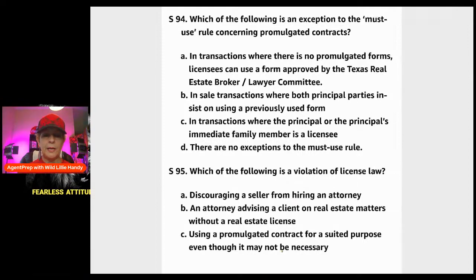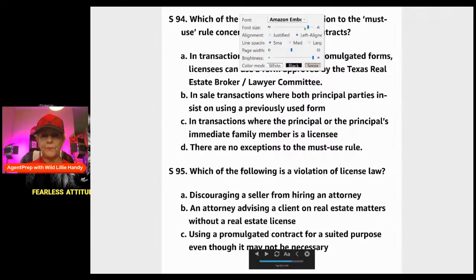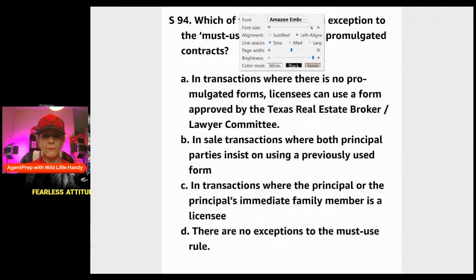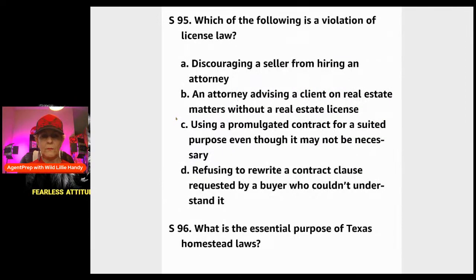All right, number 95. Which of the following is a violation of license law? A, discouraging a seller from hiring an attorney. B, an attorney advising a client on real estate matters without a real estate license.